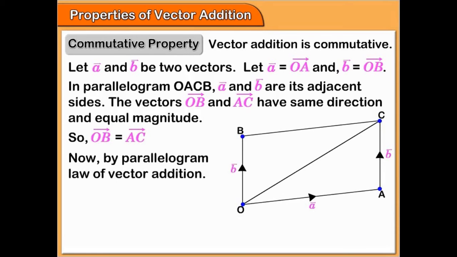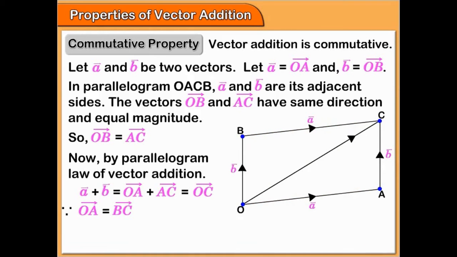Now, by parallelogram law of vector addition, it can be said that vector A plus vector B is equal to vector OA plus vector AC, which is equal to vector OC. Now, vector OA is equal to vector BC, as the opposite sides of a parallelogram are equal and parallel.